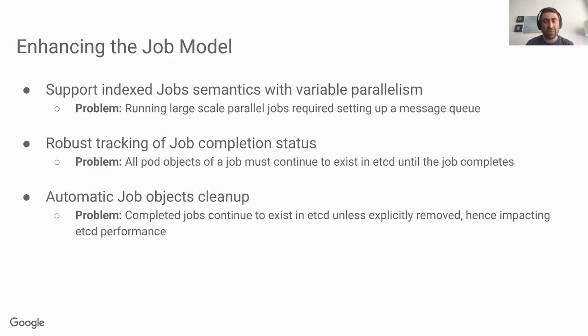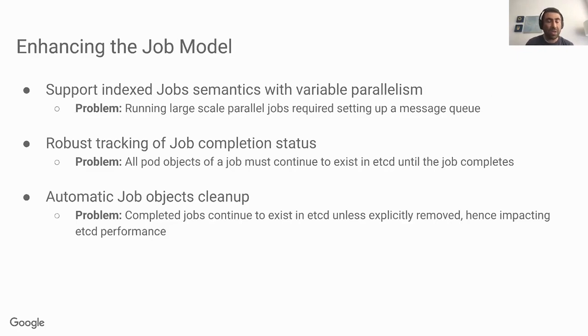In this slide, I'm talking about the first thing that we're trying to address, which is enhancing the core job model. What we did recently is we introduced support for indexed job semantics. The problem the indexed job solves is running large-scale parallel jobs, which currently in Kubernetes requires setting up a message queue.